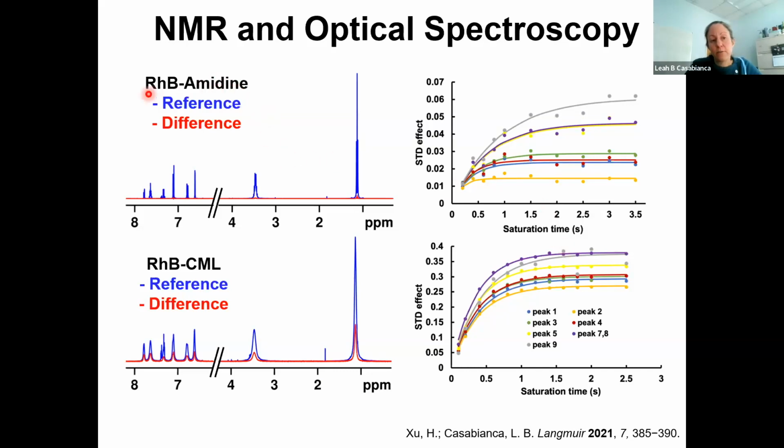The STD experiments indicate the same results. So in the case of the rhodamine B interacting with amidine modified nanoparticles, we see only a very slight STD effect, so very small. Whereas when we use the carboxylate modified nanoparticles, the rhodamine B shows a significant STD effect up to 0.4. We can actually observe here. So the STD is also indicating that the rhodamine is interacting much more strongly with the carboxylate modified nanoparticles than with the amidine nanoparticles.